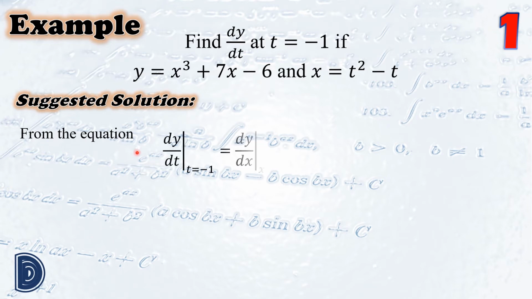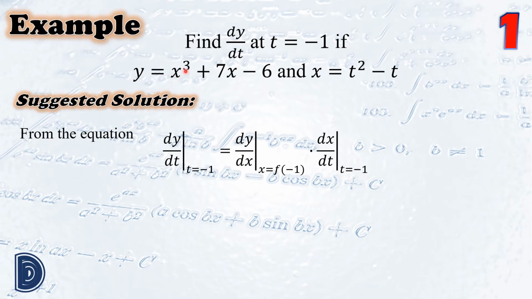From the equation, the derivative of y with respect to t at t is equal to negative 1, we have the derivative of y with respect to x at x is equal to f of negative 1 multiplied by the derivative of x with respect to t at t is equal to negative 1. First, let us find dy over dx. That is the derivative of y with respect to x.